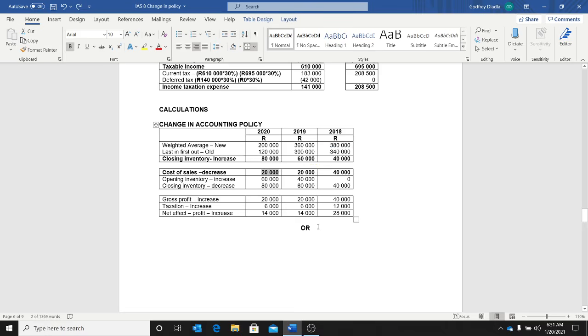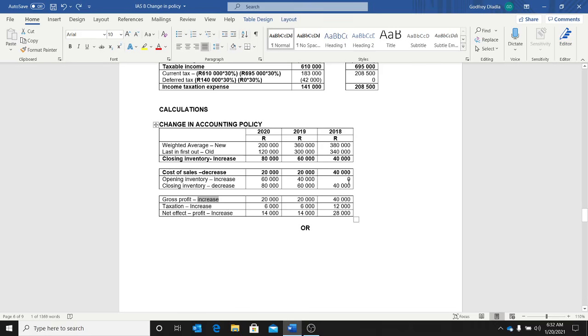Right. Now, let's analyze this. If I decrease cost of sales, the profits will increase. You must always pay attention that these things are there. I don't just put figures and not explain. Some people must understand that this is a calculation. If you don't want to write increase and decrease in a calculation, you can put arrows.